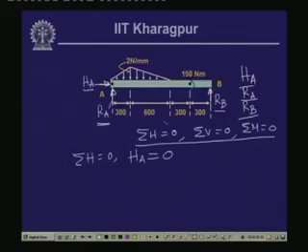Now, if we take the summation of vertical forces equals 0, the vertical forces we have are the reactive force R A plus the reactive force R B, and since R A and R B are pointing upwards, both are added, and then let us add the other quantities.